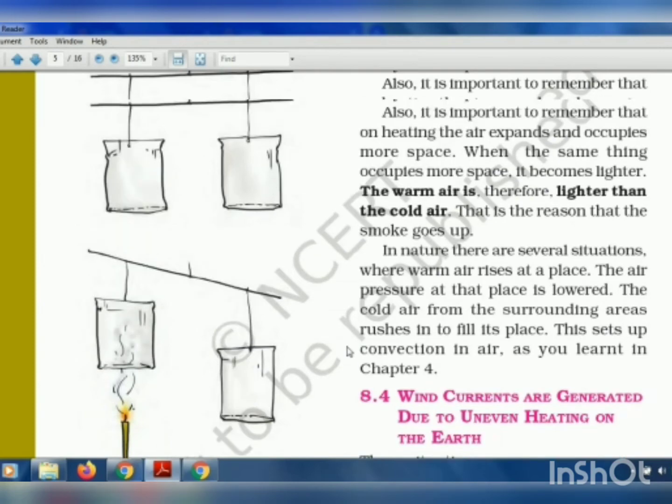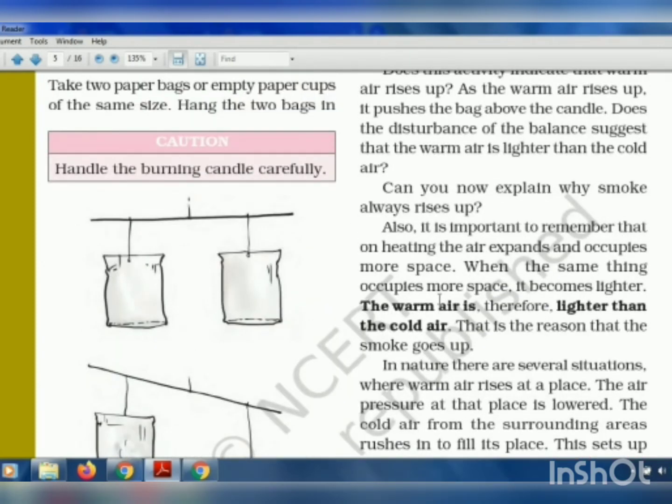So why does this happen? Because when the air becomes warm, it becomes lighter and it expands. When the air gets heated up, it expands and occupies more space, and that is why in these two experiments the warm air was moving up and occupying the space wherever it was getting.